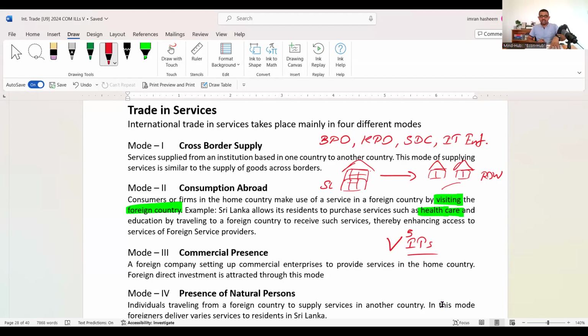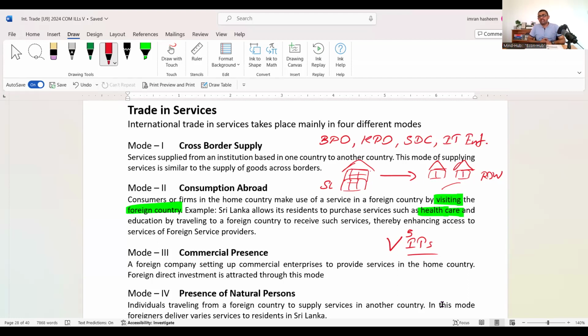He doesn't trust the Sri Lankan healthcare system. The health minister goes to Singapore, Mount Elizabeth or some hospital and gets a treatment. I'm not saying anything about that hospital.